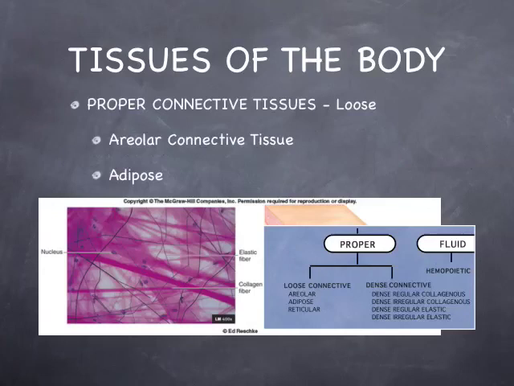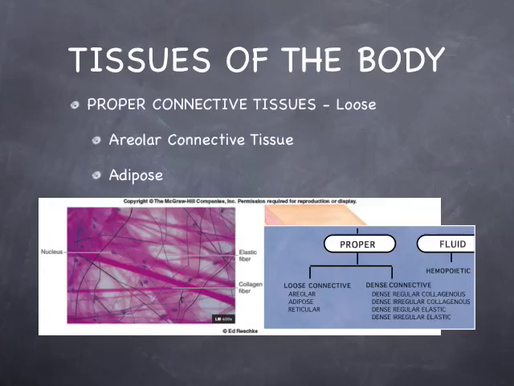A great example of where you would find this areolar connective tissue is right here where your skin is being held to your body. It's being held loose. You can grab your skin and pull it away from your body. If you let go, it springs back into place. In between my skin, which is fairly tough, and the muscle of my body is a layer of this areolar connective tissue that holds it together.